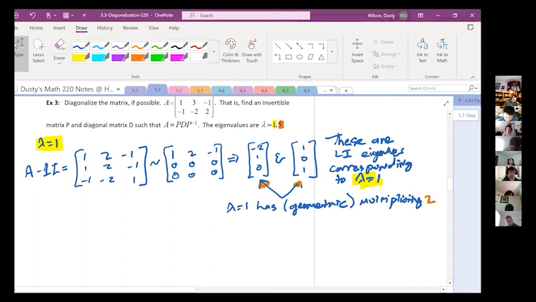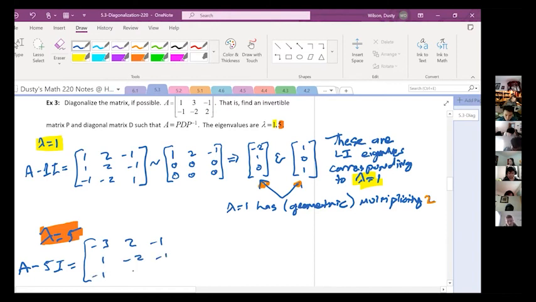No, we got to mess around with that lambda equals 5 bit as well. So here we're going to have A minus 5I, which will be minus 3, 2, minus 1, 1, minus 2, minus 1, minus 1, minus 2, minus 3, at least if my notes are correct.